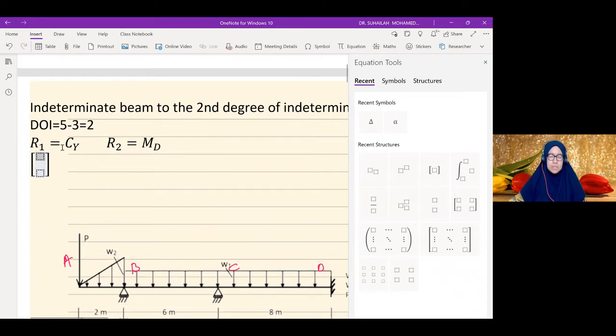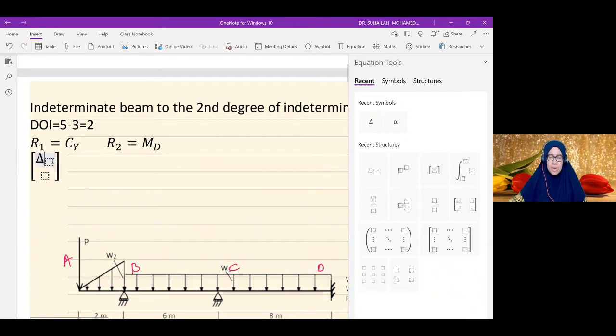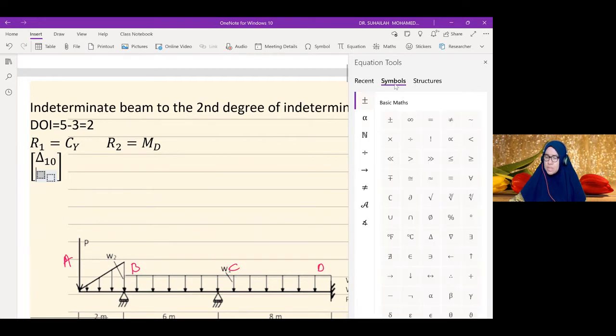So the first redundant is CY, and CY induces deflection, so it is delta 1 naught. And redundant number 2 is MD. It is theta because it is a moment, a moment-induced rotation.